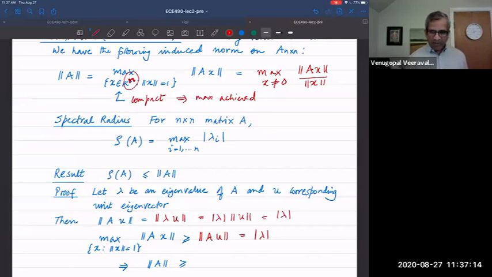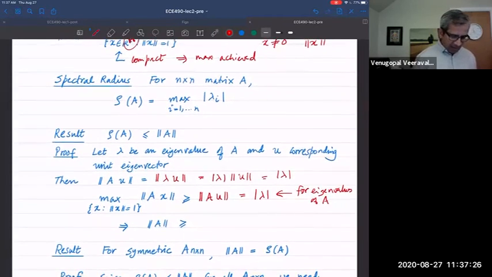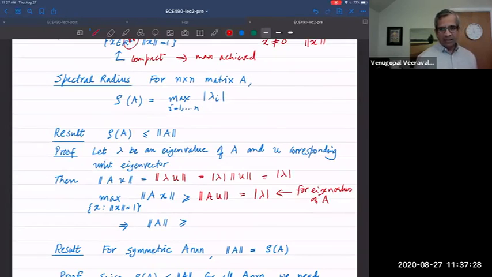This is true for every eigenvalue. The left-hand side is the definition of the induced norm of the matrix, so the induced norm of the matrix must be greater than or equal to the maximum over the eigenvalues, which is the spectral radius.